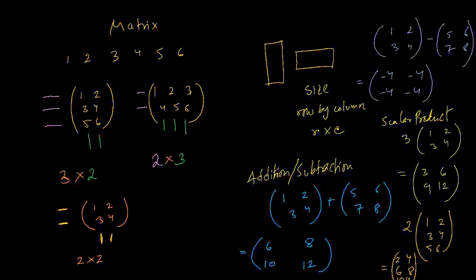Now a more challenging arithmetic operation, apart from addition and subtraction, which are fairly simple, is the multiplication of matrices, which is not as straightforward as addition and subtraction might seem.